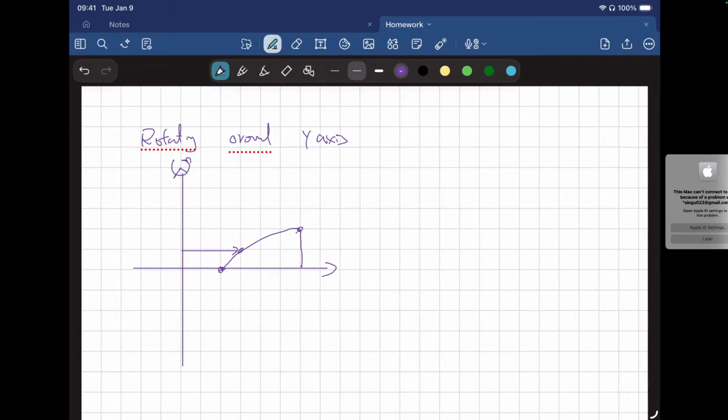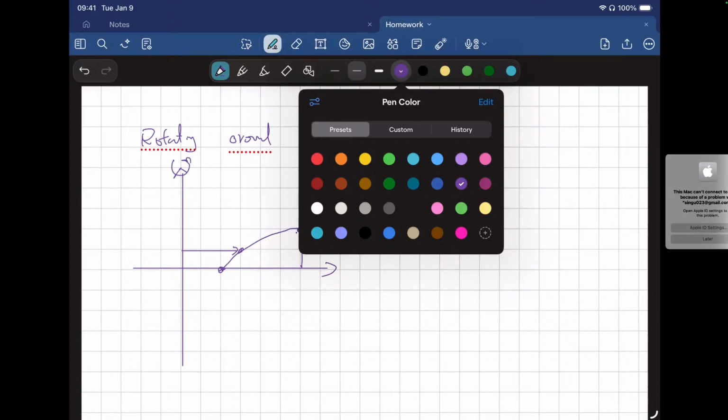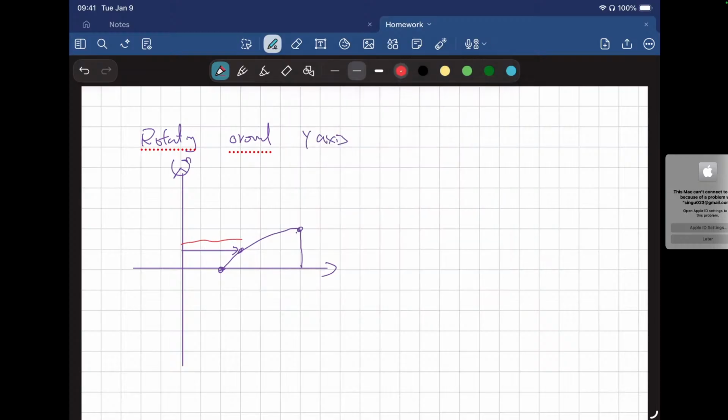And do you see that there is another line going from here to here? And do you see that's a longer line there? Is that okay?